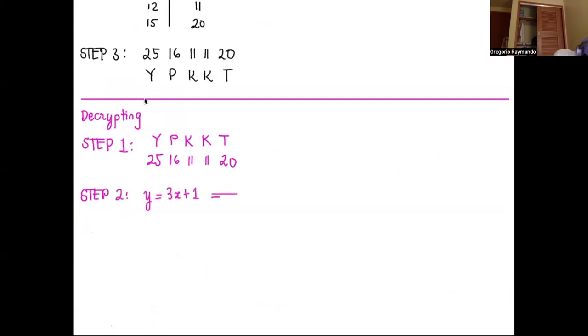Makukuha natin Y minus 1 times 3 inverse, or this would be 1/3 times Y minus 1 is equal to X. Or this is just X is equal to 3 inverse times Y plus negative 1.